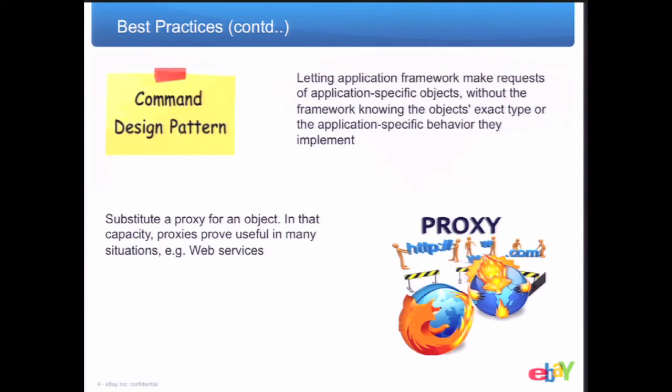Proxy, substituting a proxy for an object. The proxy is another very useful pattern that comes handy. The way we use it is in certain cases where multiple copies of the object must exist. In our case, we have a personalization object. Requests come in, and the personalization object for each of those requests is different, right?